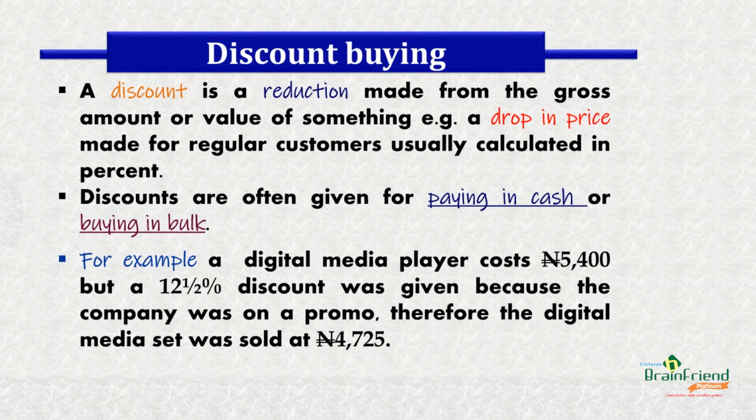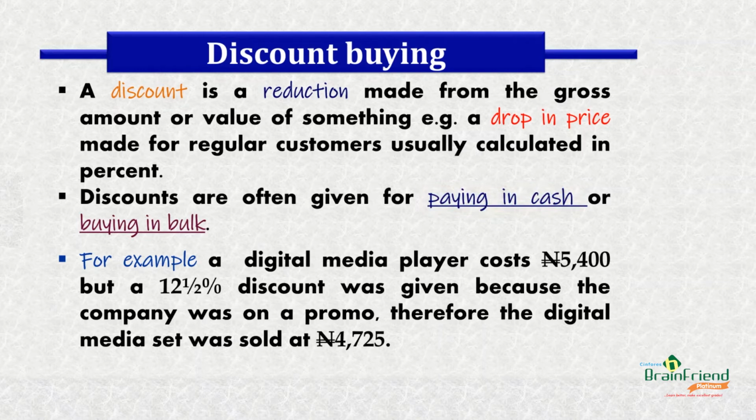Now recall, at the beginning of this lesson, I made mention of price slash. This is what we refer to as discount. It is actually a reduction on the price of certain products or services. Discounts are usually given when people buy things in bulk or when they pay in cash.